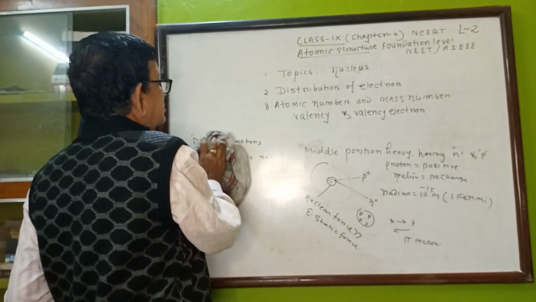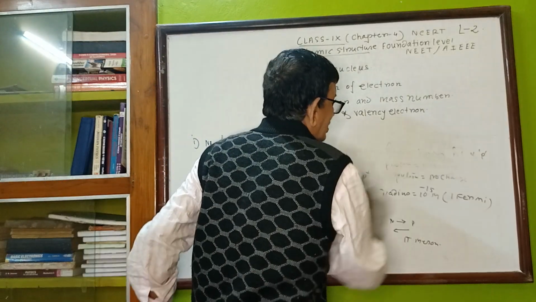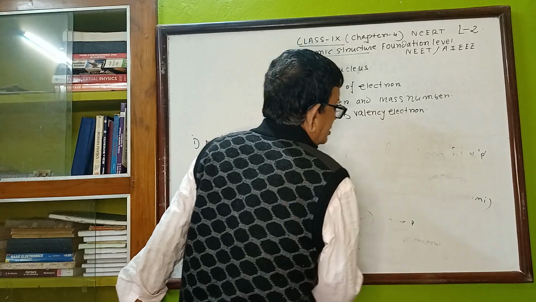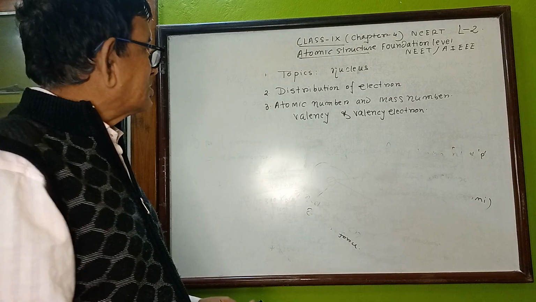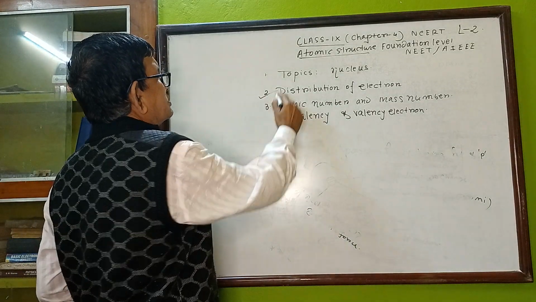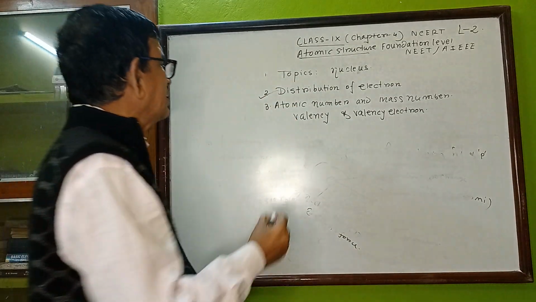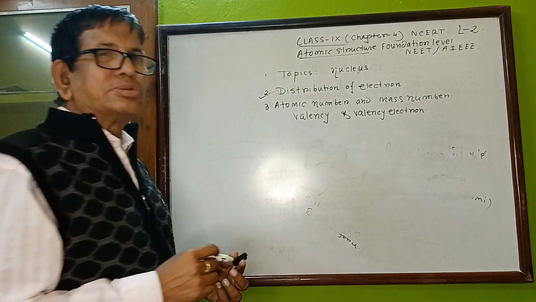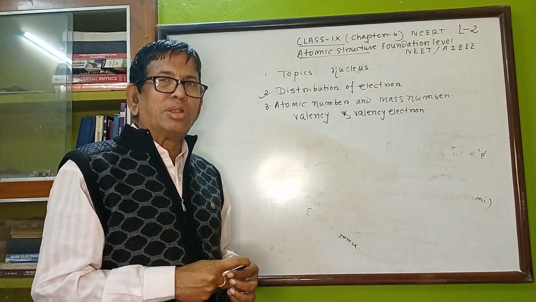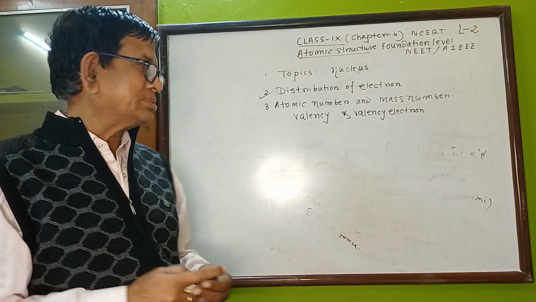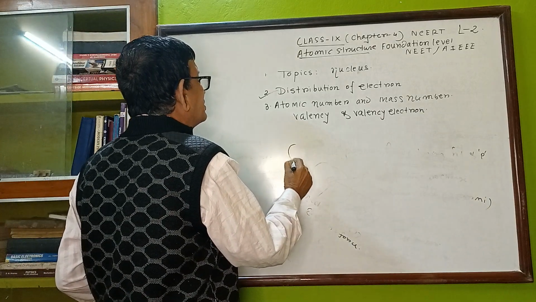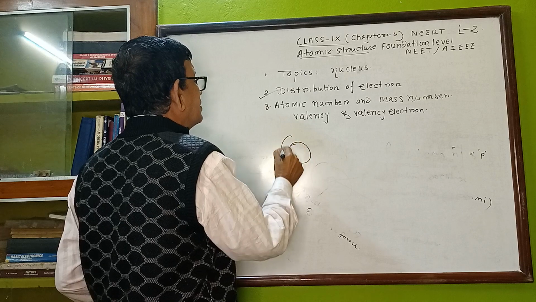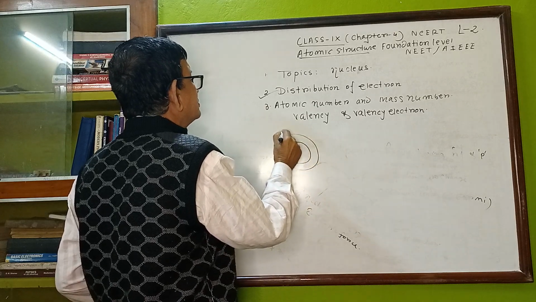Now, next I should say, consider the electron distribution. Electrons of an atom are equal to the number of protons. As for example, any orbit, defined orbits.